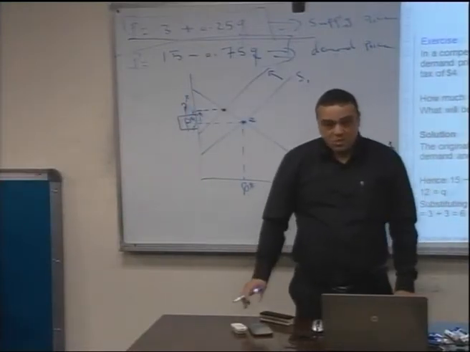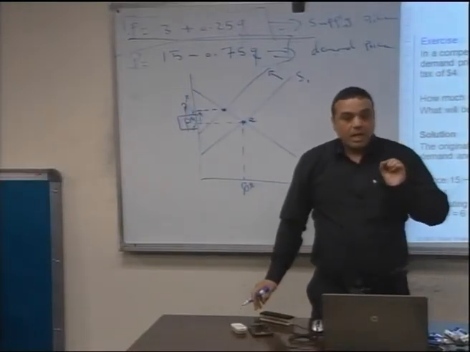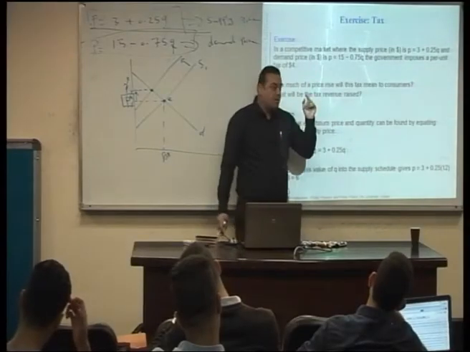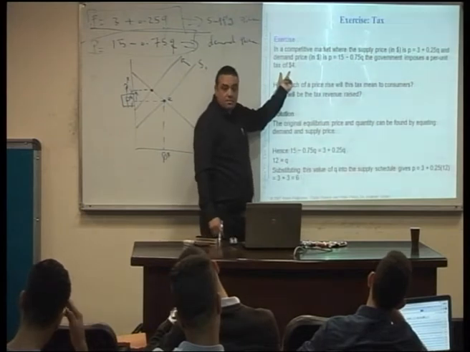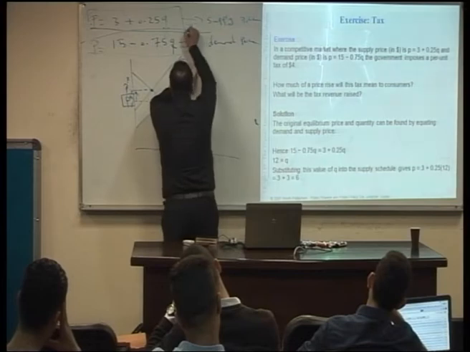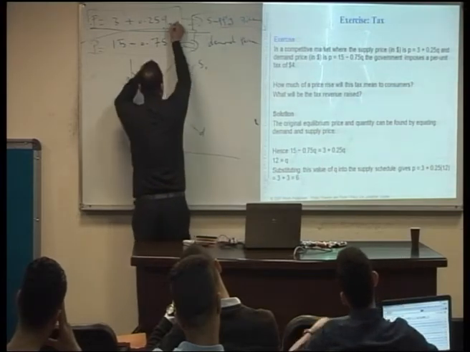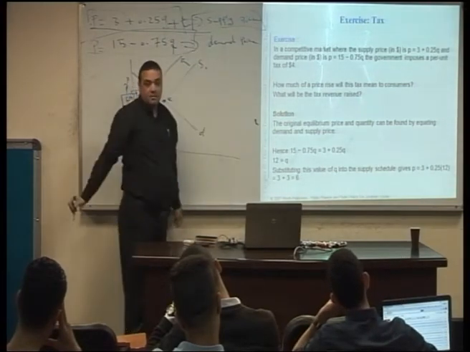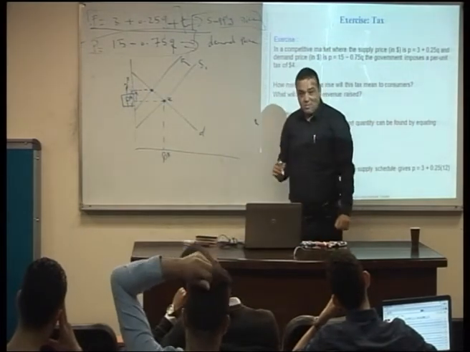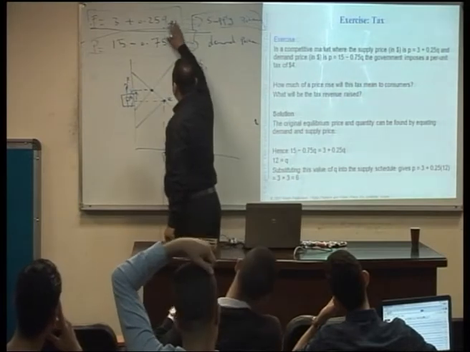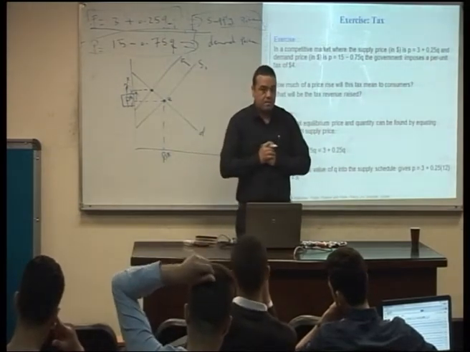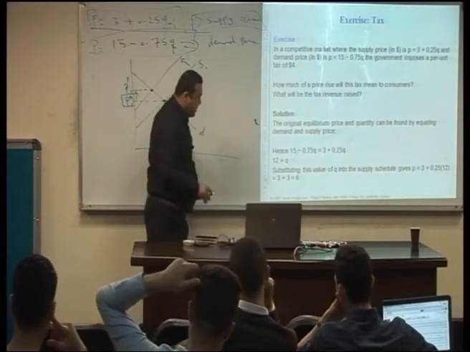So if a per unit tax of $4 is imposed, the supply price will increase by T, and we have a new supply price.